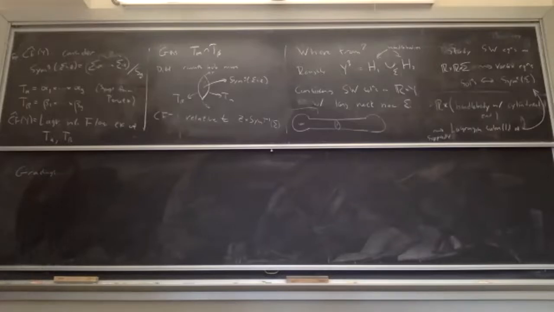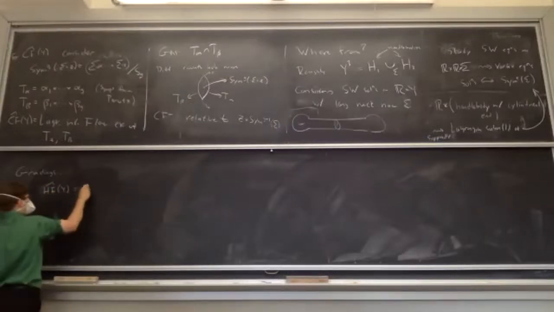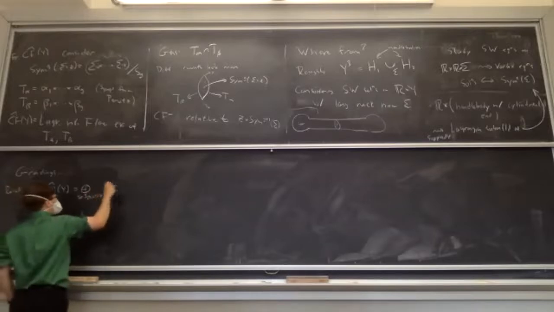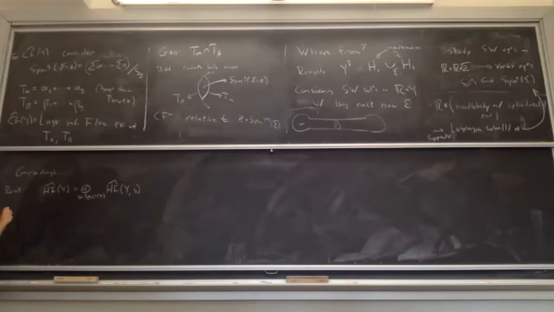Let me give you the statement first, and then I endorse that move 100%. And then I'll try to explain why that has a chance of being true. So recall I said that HF hat of Y is a direct sum over spin C structures of HF hat of Y, S. And HF hat of Y, S is what has a grading.